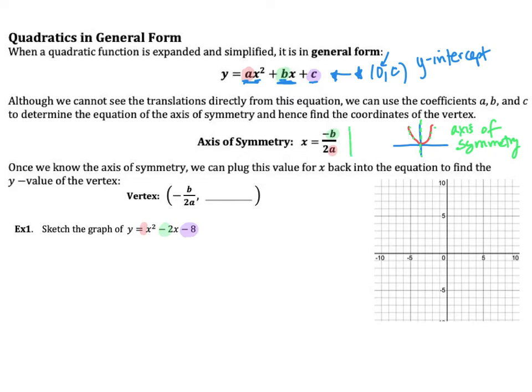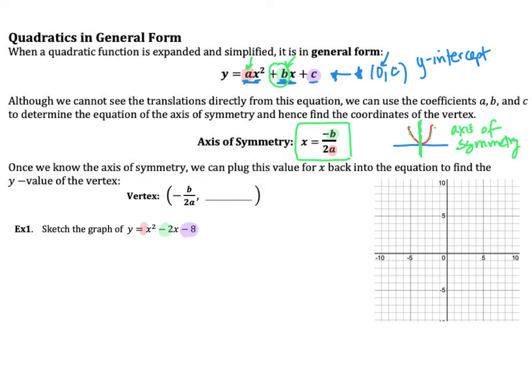Now the axis of symmetry needs to be written as an equation because it is indeed a line. This vertical line is the axis of symmetry, so it needs to be an x equals. Now how do I get the value of that? Well, we have a little formula here, and it is negative b divided by 2a. So you take the opposite of whatever b is, negative b, and you divide it by 2 times the coefficient a.